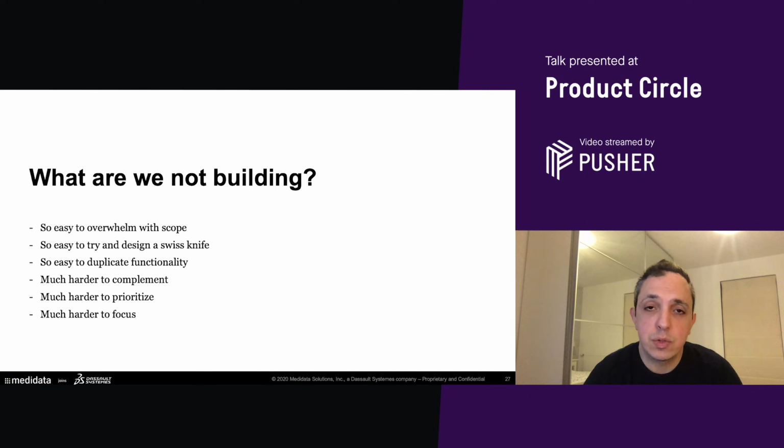And it's also very easy to duplicate functionality, especially in a company that has tools that are all in the same domain. And it's needless to say that it goes against human nature to try to complement, to try to prioritize, and to try to focus on what you think will have the most impact moving forward.